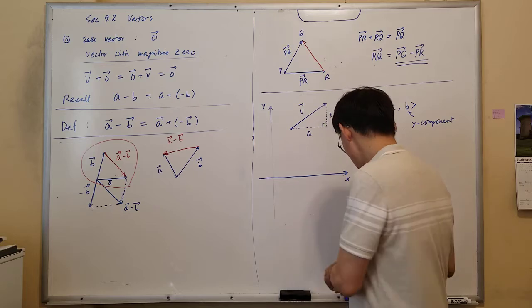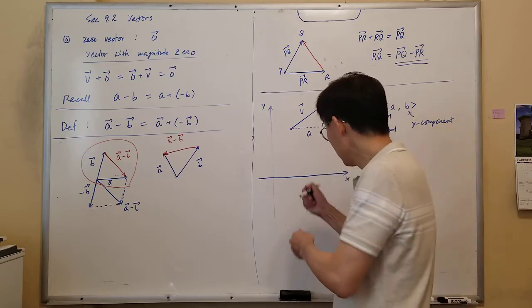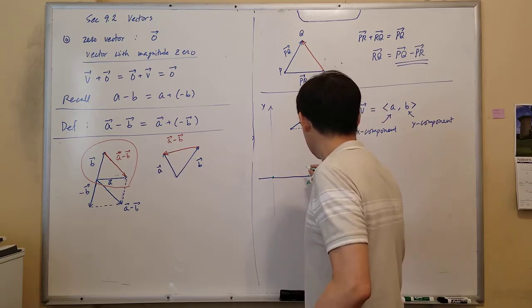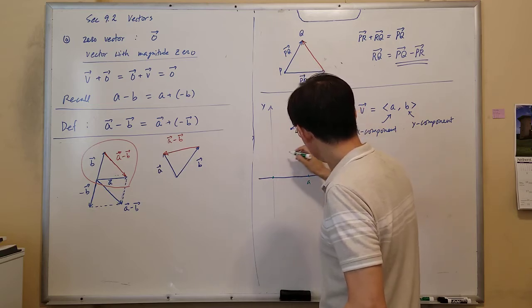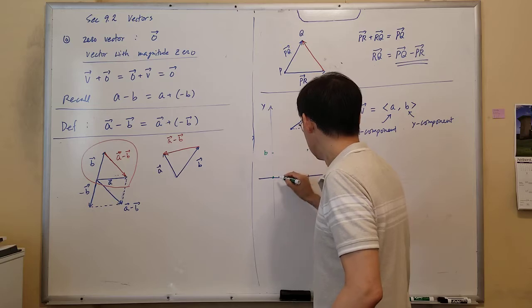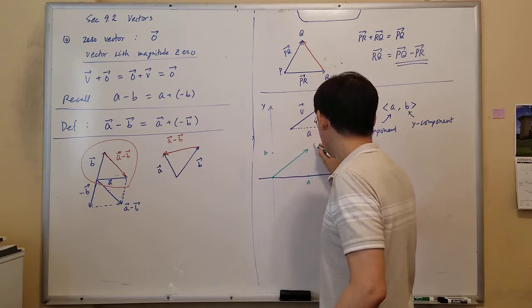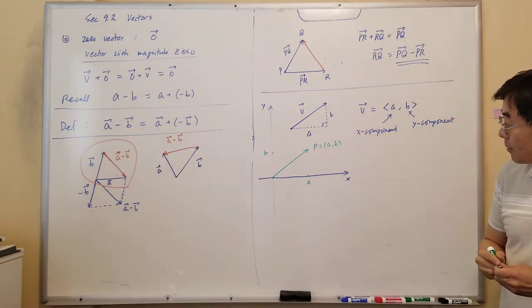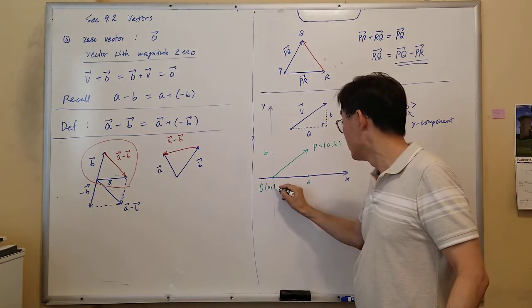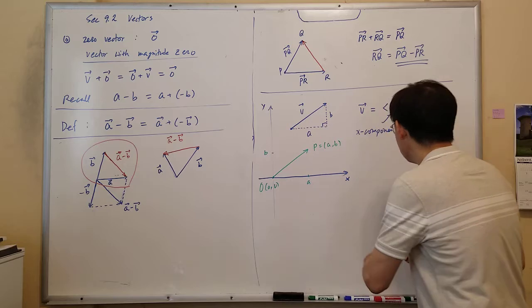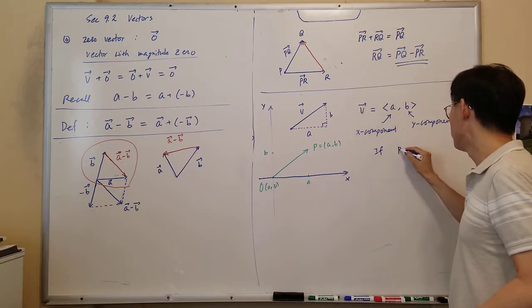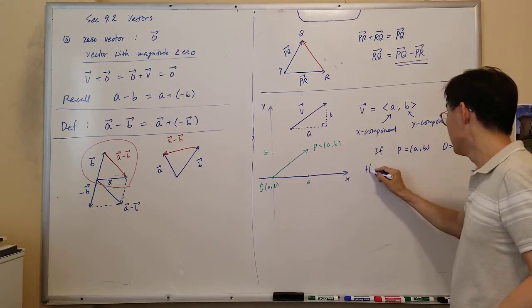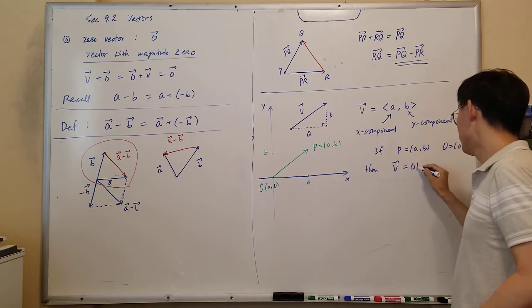Then I can draw the same vector starting from the origin, going by A and up by B. If P is a point whose coordinates are A, B, and the origin is 0, 0, then the vector v is vector OP.